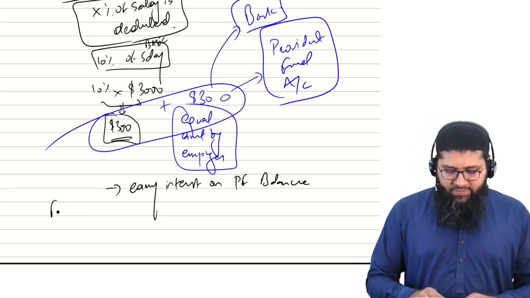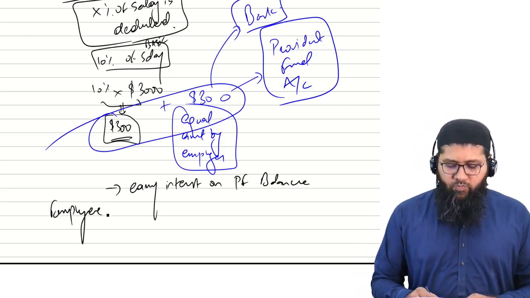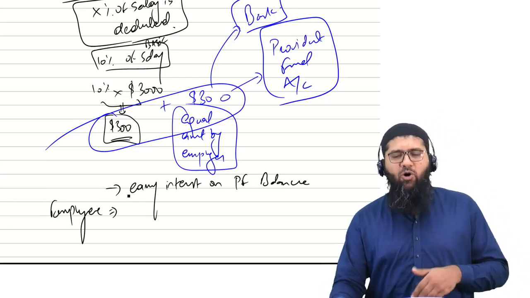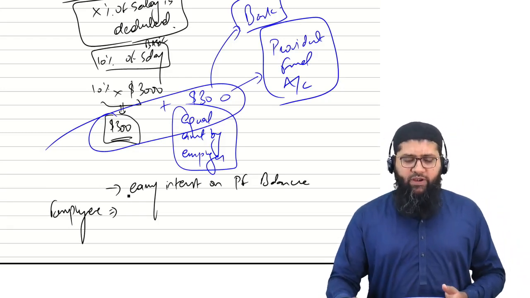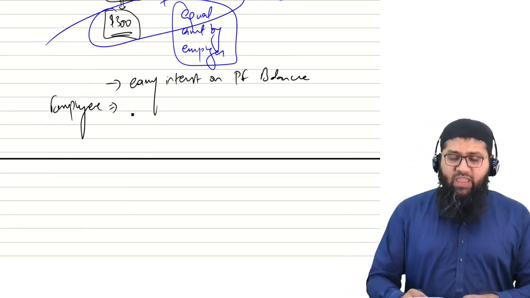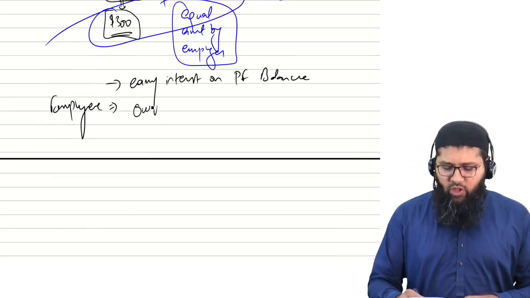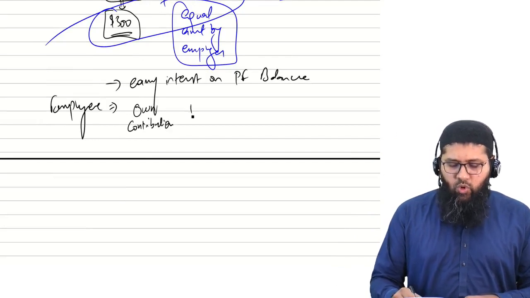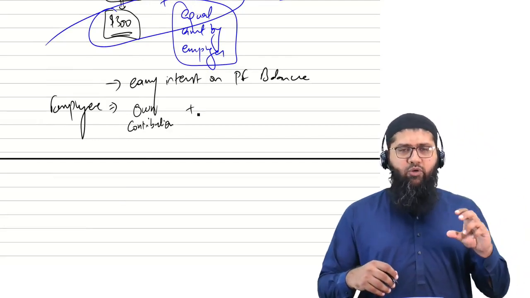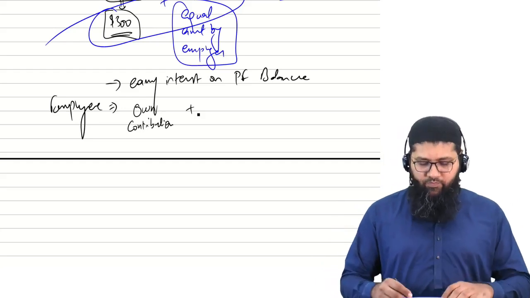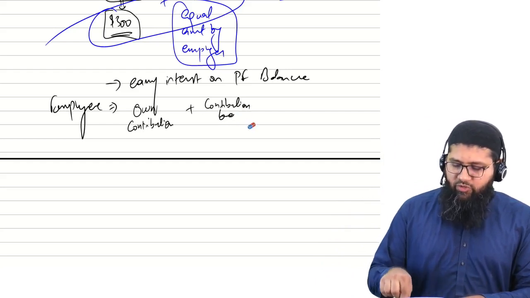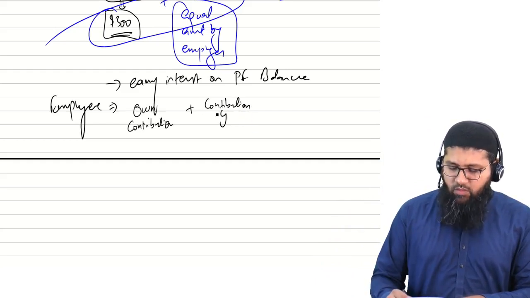Now, the employee, when he retires, or even before retirement since Provident Funds allow you to withdraw money early, can withdraw three things. Own contribution, that is the amount that was deducted from his salary. Contribution by employer.